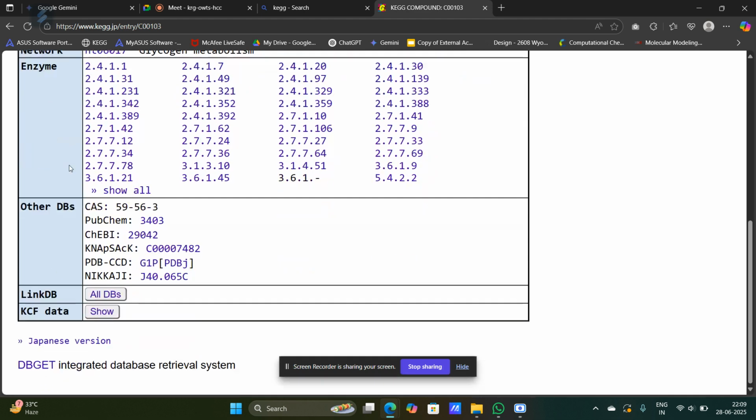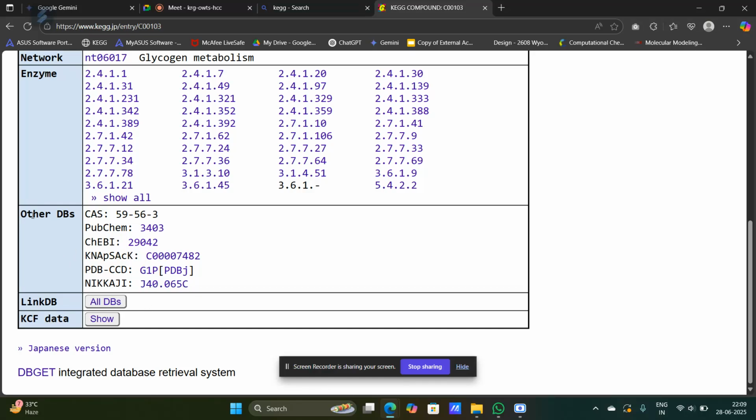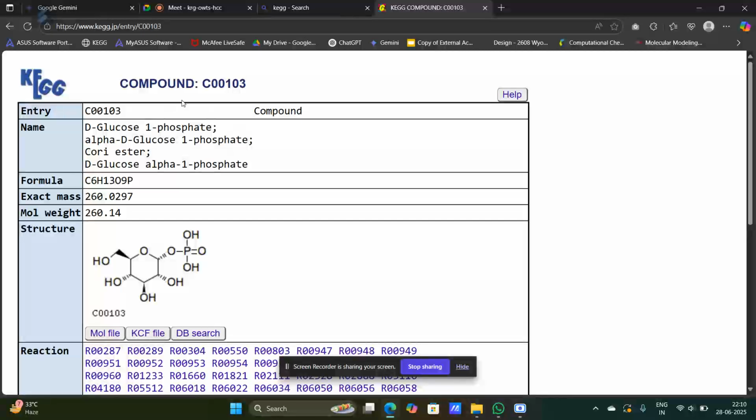And you have network; I will look into this later. We also have other databases. This is just cross-referencing for the same molecule. These are clickable links. You can go to those databases and look into these compounds. So this is all about KEGG Compound. Are you guys able to understand? Okay. Now let's go back.